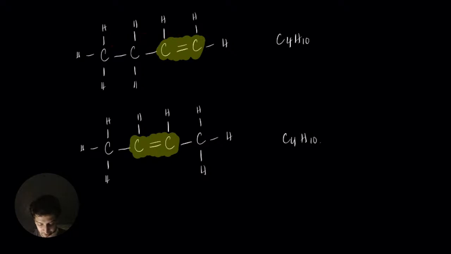You'll try to number it from the carbon which has the functional group closest to the edge, so you start with the carbon that gives you the functional group closer to the lesser numbered carbon, if that makes sense. This functional group is on the right hand side, so I'll start numbering from here. This is carbon number 1, this is carbon number 2, this is carbon number 3, this is carbon number 4.